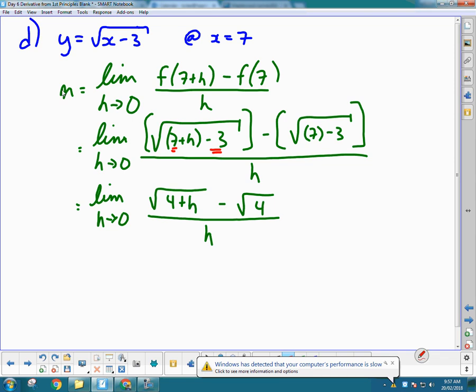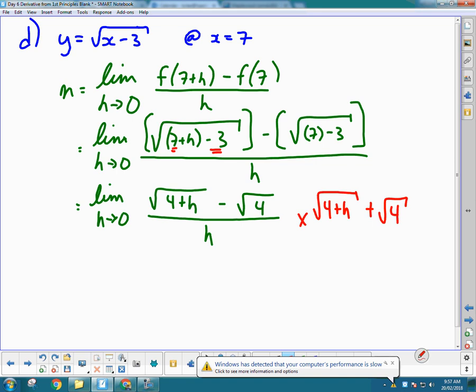The conjugate is a similar looking radical but has the opposite sign, and it will perform a really neat operation. So I'm going to multiply by the conjugate of this top radical. So it's still going to be root 4 plus h, but instead of minus root 4, it's going to be plus root 4.